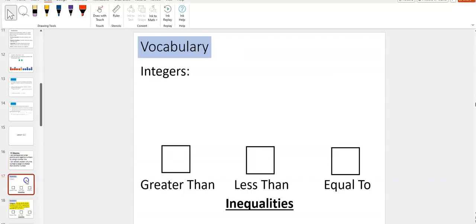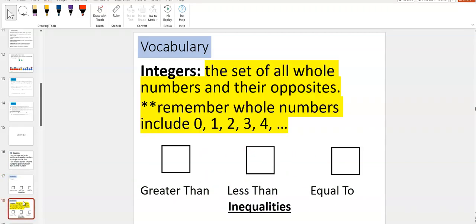So the first thing we're going to do in our note takers is take some notes because we have a new word here, which is called an integer, okay? And then some review words with these inequalities that we need to remember. So first, write down the definition of an integer. The integer is the set of all whole numbers and their opposites. And we need to remember that a whole number includes 0, 1, 2, 3, 4.